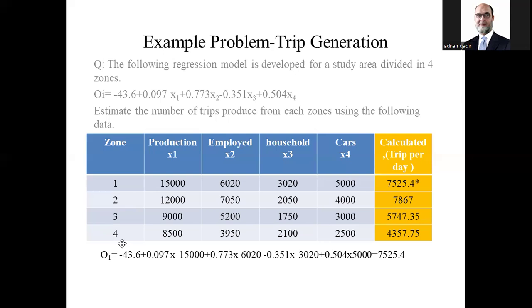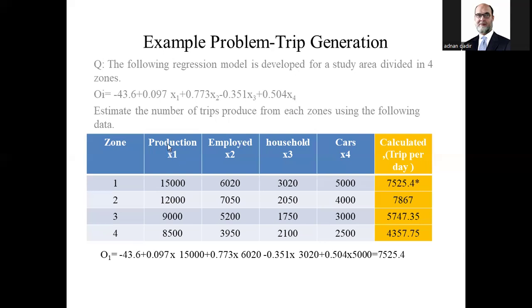It has this relation: minus 43.66 plus 0.09 times the population, then 0.773 times the employed people in that zone, then minus 3.351 times the household X3 plus 0.504 times the number of cars in that area.